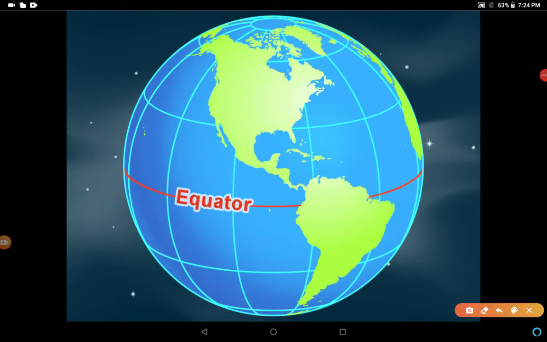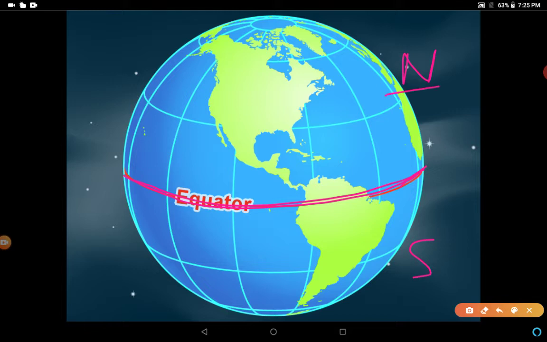This is the equator. The equator is an imaginary line. It is parallel, or we can say that it is a latitudinal line. We'll discuss in detail about latitudes and longitudes. But this is the equator. It divides Earth into two equal parts, north and south.